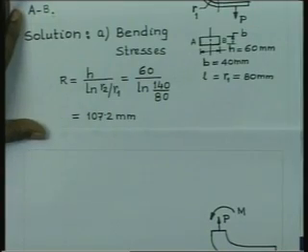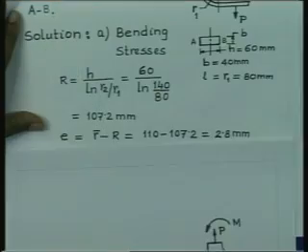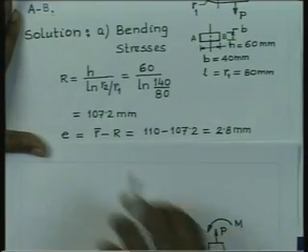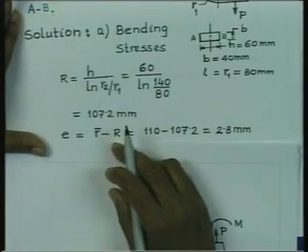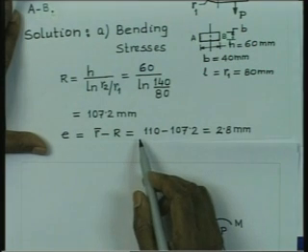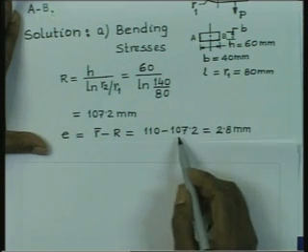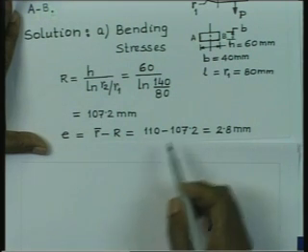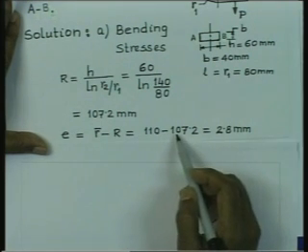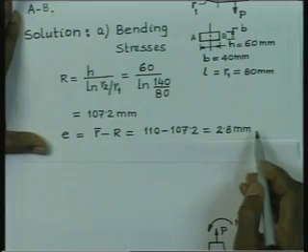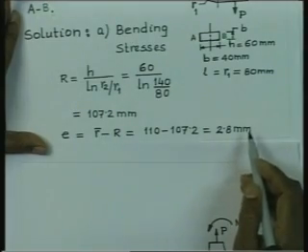This gives us R equal to 107.2 millimeter, and hence the eccentricity of the cross section is R bar minus R. R bar is the radius of curvature of the central axis, which is 80 plus 30, that is 110, and R is 107.2. So we get eccentricity as 2.8 millimeter.